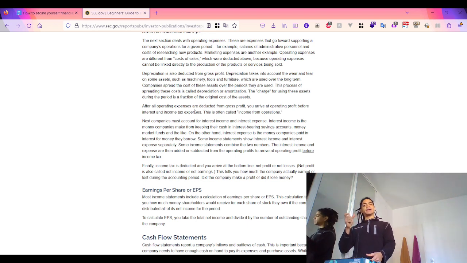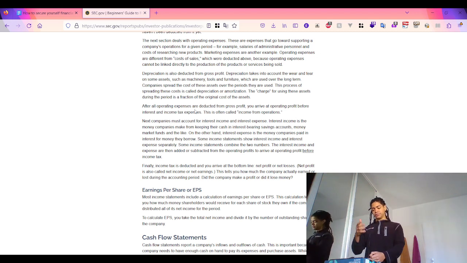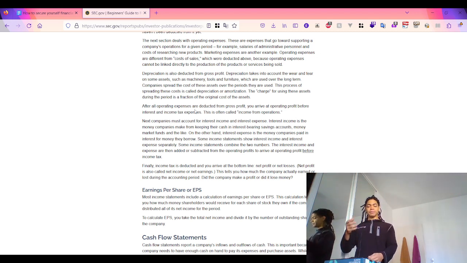SoftBank, a Japanese conglomerate, invests primarily in technology companies such as WeWork, Uber Eats, Uber, Airbnb. Alphabet, the parent Google company, invests primarily in technology companies through its venture capital arm.